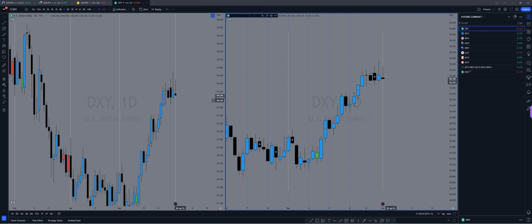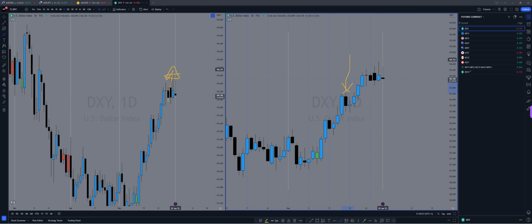You look at the dollar index. If it's going up, then look at the other currencies: euro, pound, Aussie, New Zealand, Japanese, CAD, and Swiss. You see which one is not going down, because if Dixie is going up, then by default everything else should go down. So the seven should all be going to the downside.